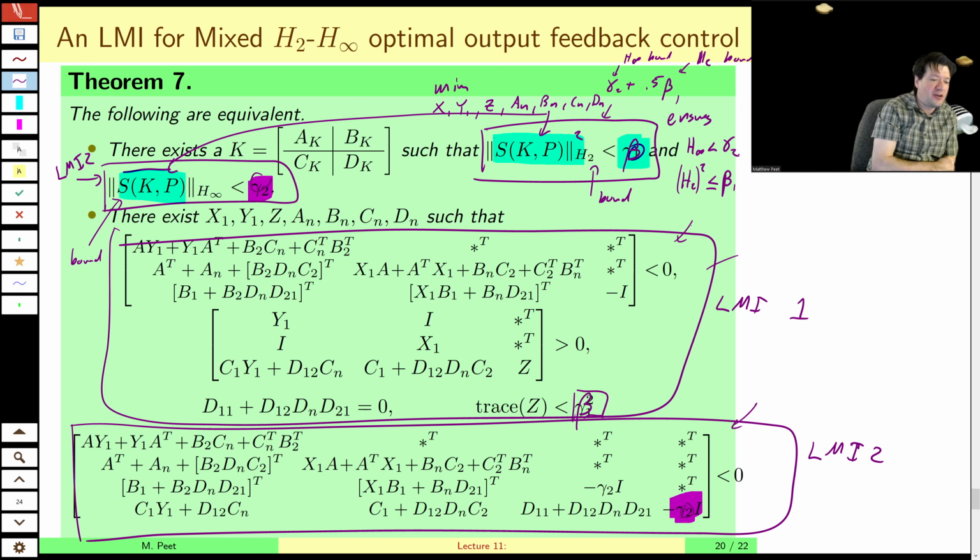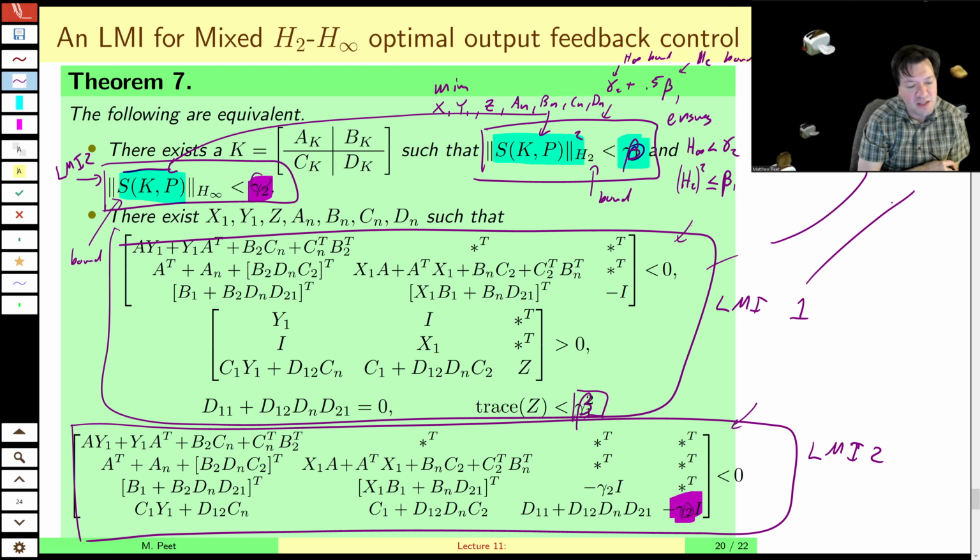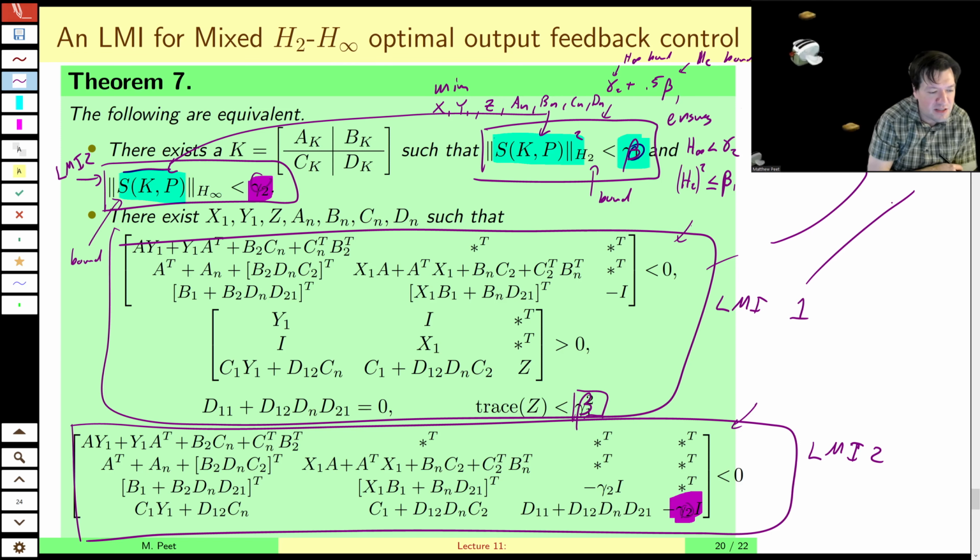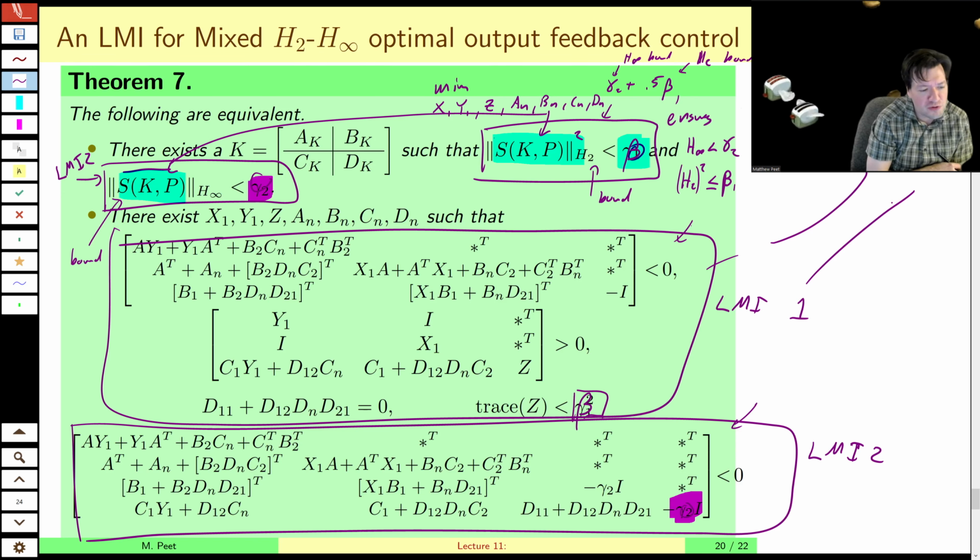Which isn't exactly optimal. What we'd really like to do is, because squares increase faster than linear functions, it's not perfect. You're minimizing a bound on the H infinity norm, and you're minimizing the square root of a bound on the H2 norm. So for, say, large H2 norms, you're sort of minimizing the square root of that, and it doesn't really capture the fact that the H2 norm is increasing faster than beta 1.